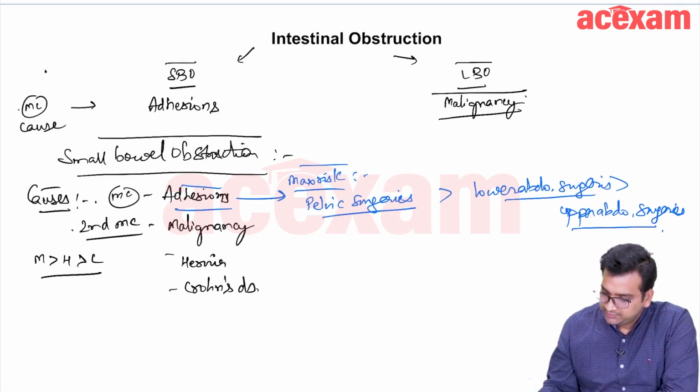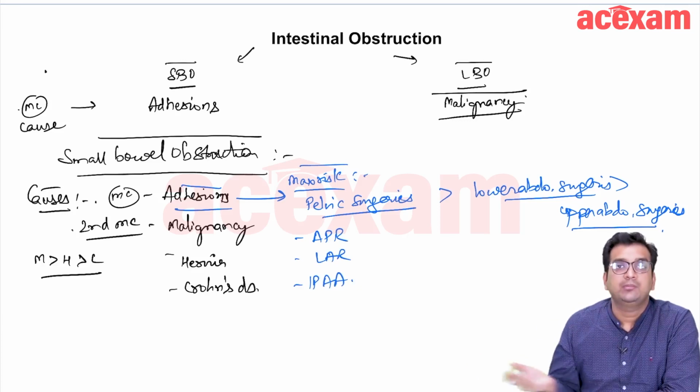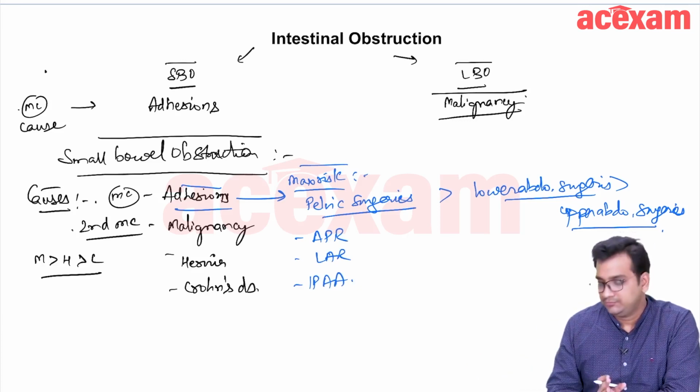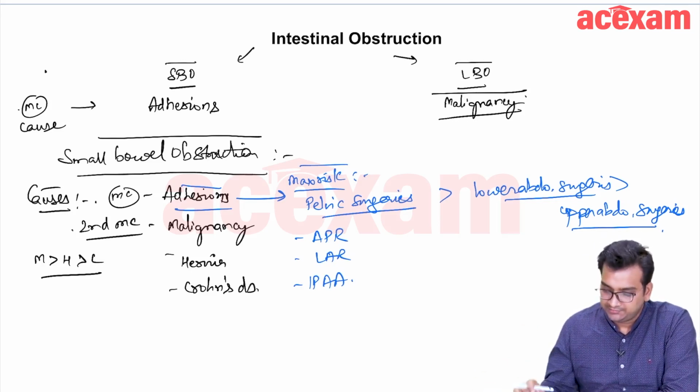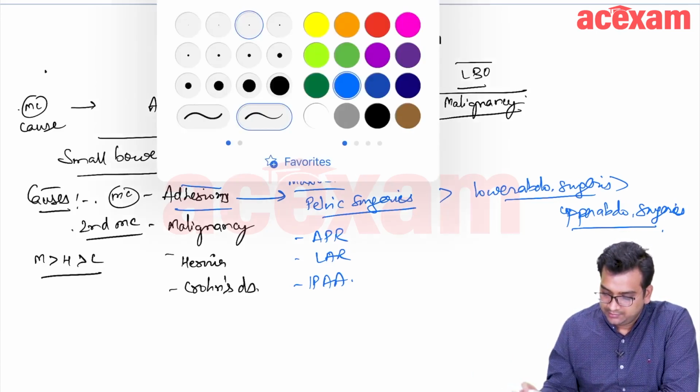So they will give the options as APR, LAR, or ileal pouch anal anastomosis. As compared to upper abdominal or lower abdominal surgeries, pelvic surgeries have more risk of intestinal obstruction. Okay, this is important.